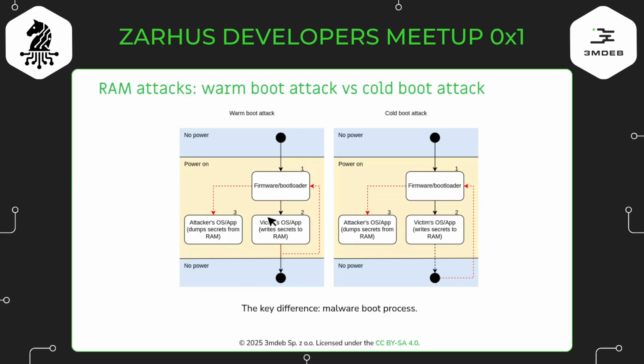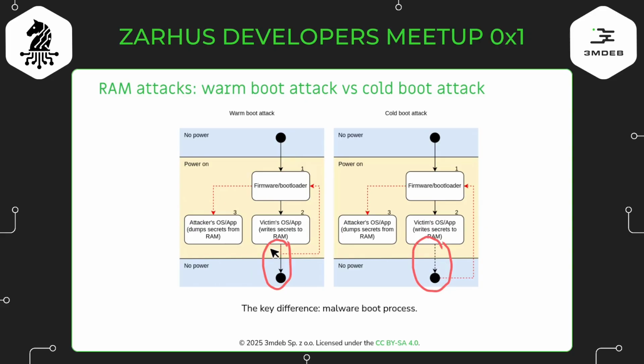Then the victim's OS may leave those secrets in RAM. It may clear the secrets in RAM, but then it is shut down. The way the system is being shut down, I can draw it right here. This is the place where it differs for these two attacks.